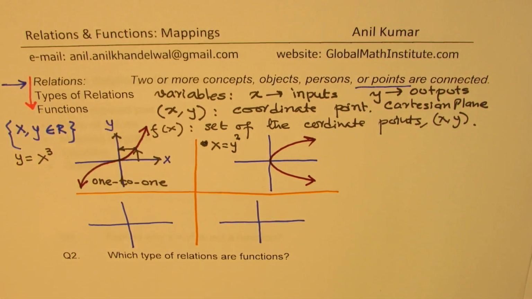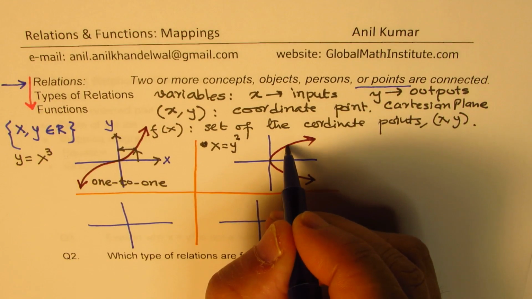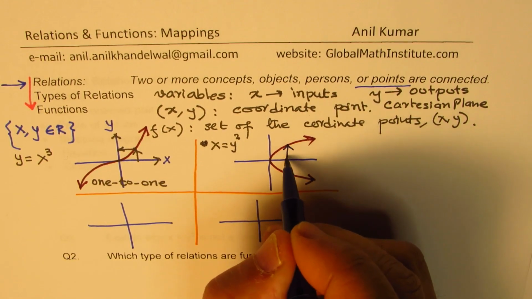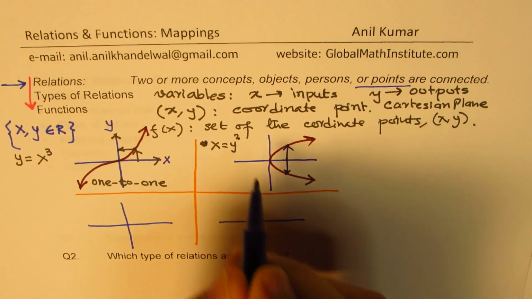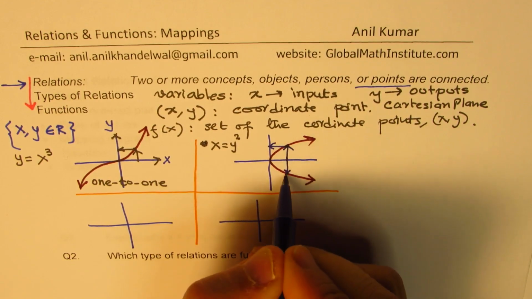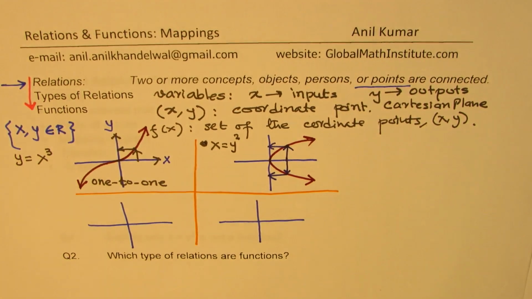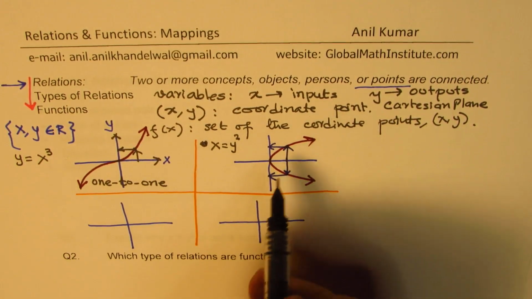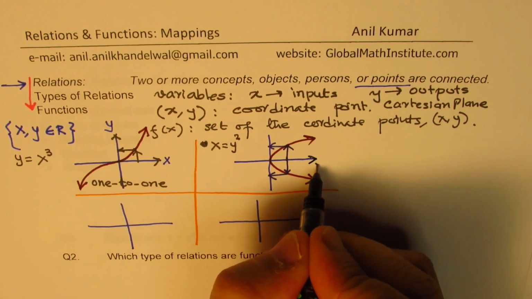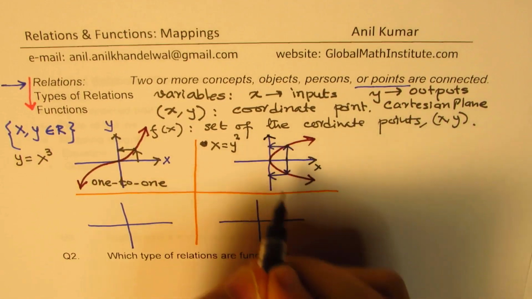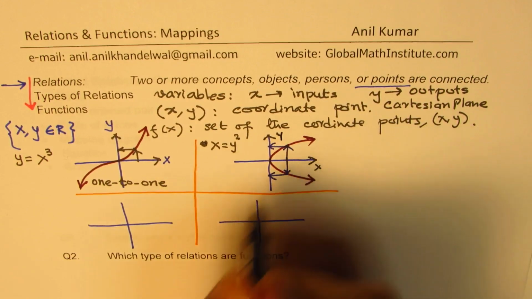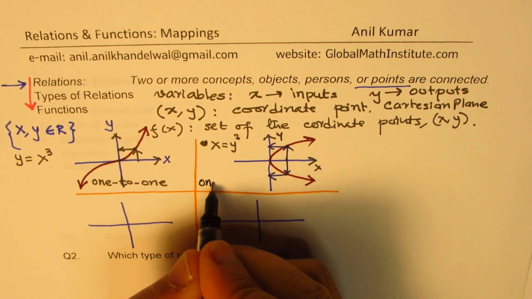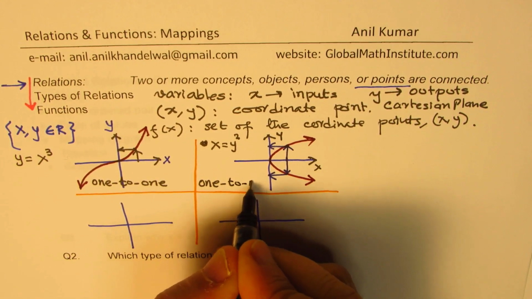Now here what you note is that a value of x is related with 2 values of y. Do you see that part? And therefore, this relation where elements of x may be related to more than 1 is called a 1-to-many relation.